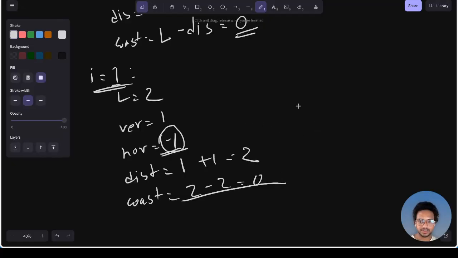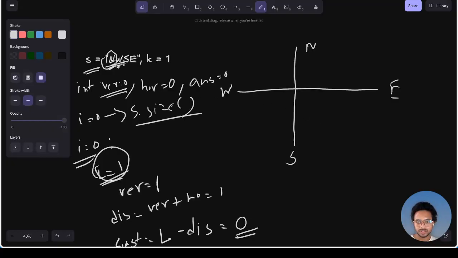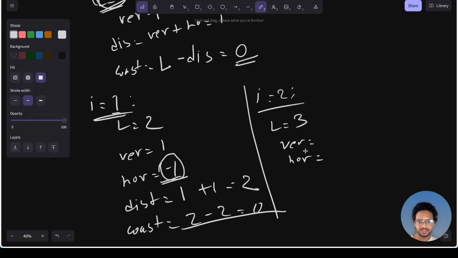Again, if I is equal to 2, our length should be 3. Our next value is south, S, and if it is south, we will decrease the value of our vertical. Our previous vertical value was 1, so 1 minus 1 is equal to 0, and our horizontal is minus 1.